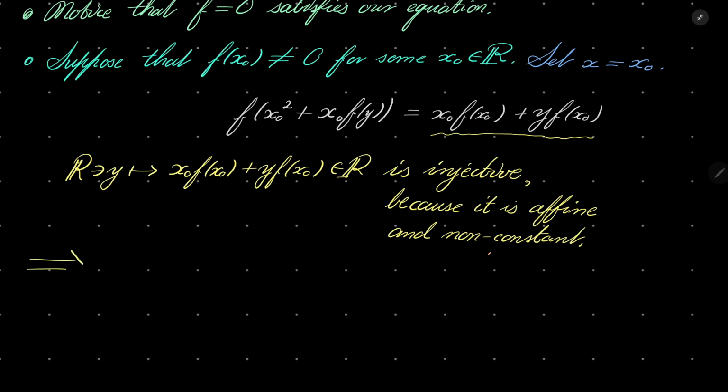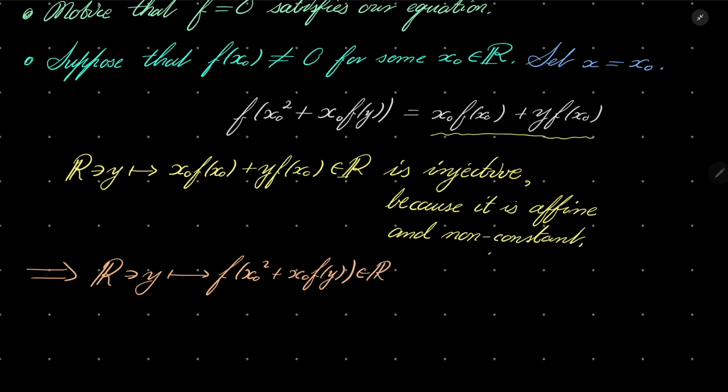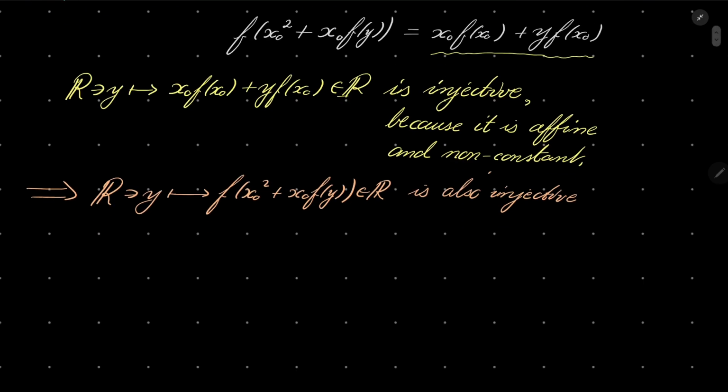That means that the function which takes real number y and maps it to f of x0 squared plus x0 f of y is also injective. But here we have a composition of two functions, so the inner function must be injective.